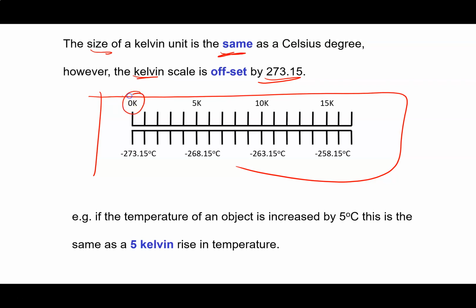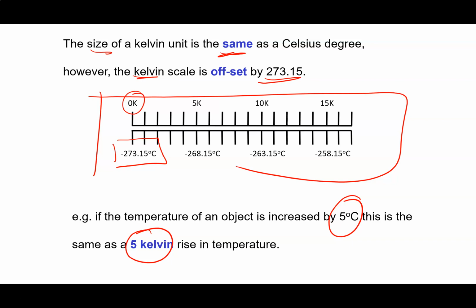So 0 Kelvin is minus 273.15 degrees Celsius. Now, the nice thing about the fact that it's only the 0 that is offset means that the temperature change on the Celsius scale is exactly the same as the temperature change on the Kelvin scale, because the size of a Kelvin unit and a Celsius unit are the same.